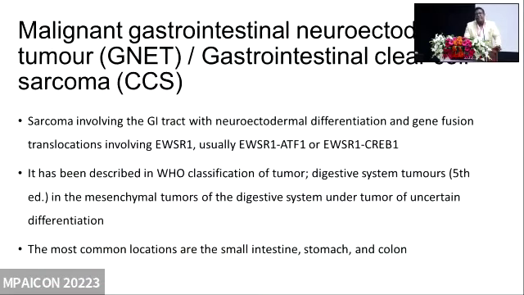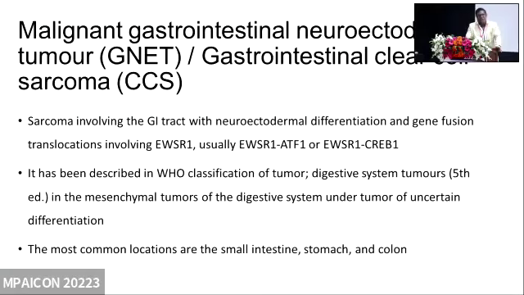So coming to malignant GNET, or the other terminology is gastrointestinal clear cell sarcoma. They are very rare tumors, with only about 100 cases described in the literature. It's a sarcoma involving EWSR1, but not with a fusion which usually is seen in Ewing sarcoma and other family of tumors, usually with ATF1 and CREB1.